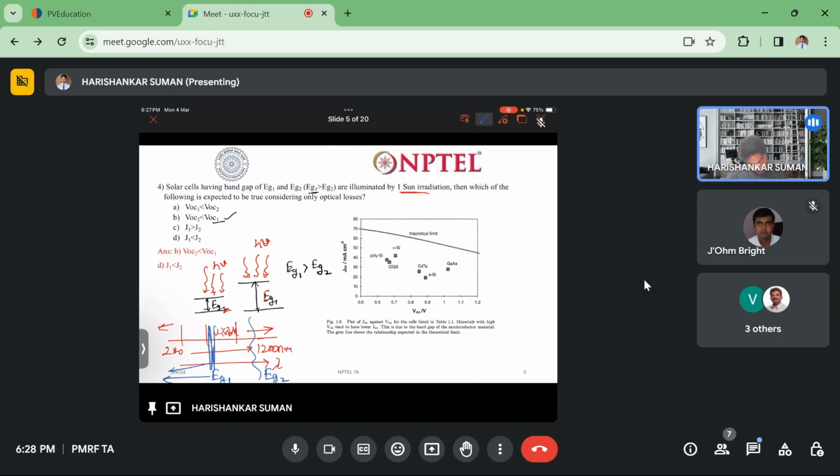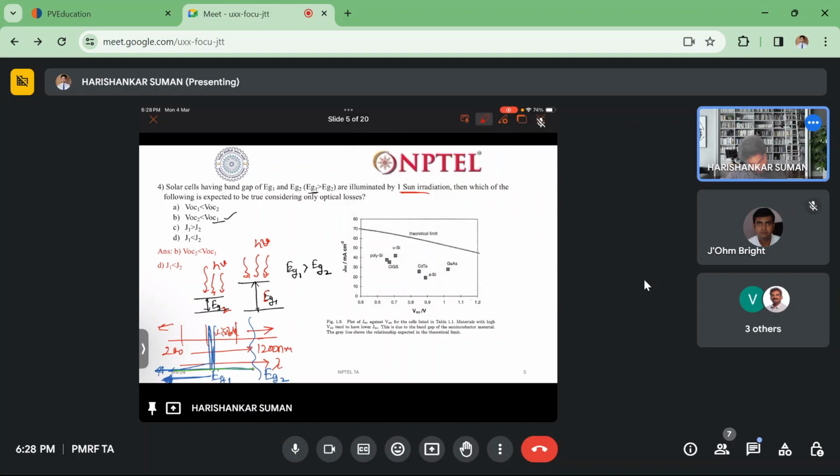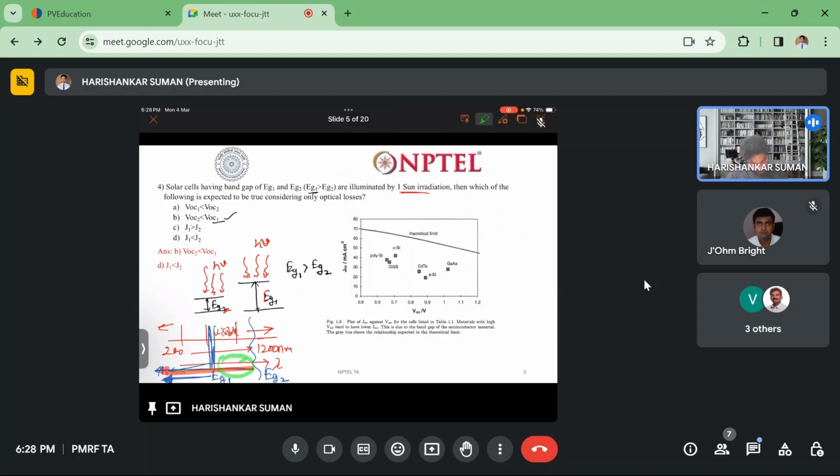So the first absorbs from air to this side, while the second is also on the left side, but more photons are absorbed. This many photons get absorbed by Eg2.